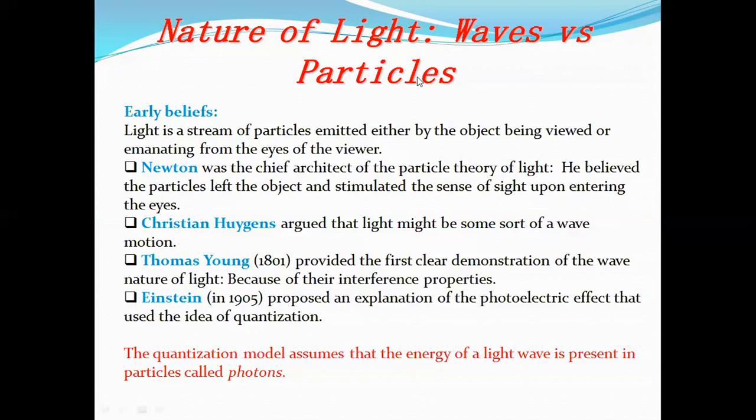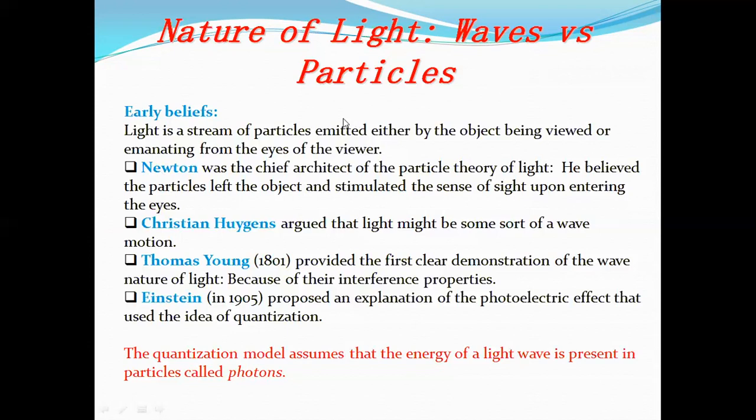Sometimes light shows a particle nature, and sometimes it shows a wave nature. When particles hit any kind of surface and produce heat, there the light shows its particle properties, and when light travels from one medium to another medium and never produces heat, there it shows its wave properties.